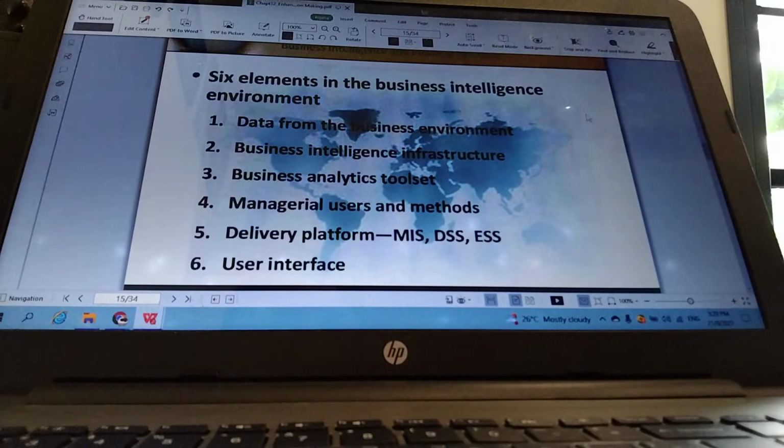Also, we're going to look at what BA tool sets are available in helping us in this. We're going to look at managerial users and methods, basically the senior managers, middle managers or operational managers, how they make use of this business intelligence environment, and what methods or skills they have in order to make use of this environment in making decisions.